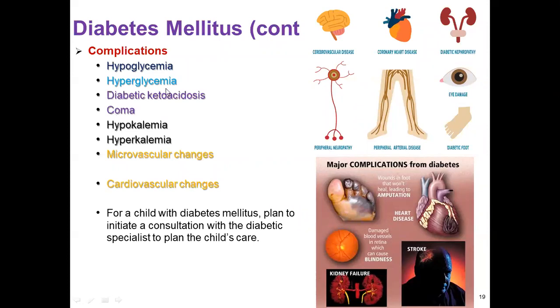Coma, diabetic ketoacidosis or hyperglycemia is a complication. So you see electrolyte imbalance occur, which is either hypokalemia or hyperkalemia. Microvascular change, cardiovascular change means MI. For the child with diabetes mellitus, plan to initiate a consultation with a diabetes specialist doctor for the plan of care.